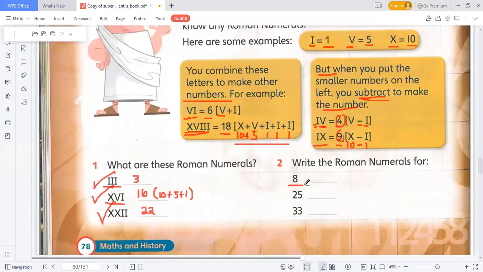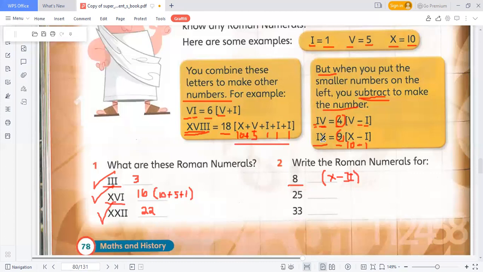So what is the first thing that we do? Since that's 8, we have to put here X minus, or subtracted, 2 or double I, right? Double I. So that's why it's 8.